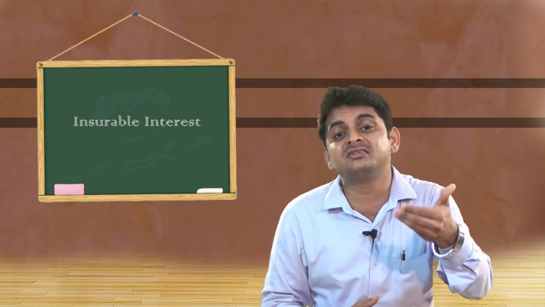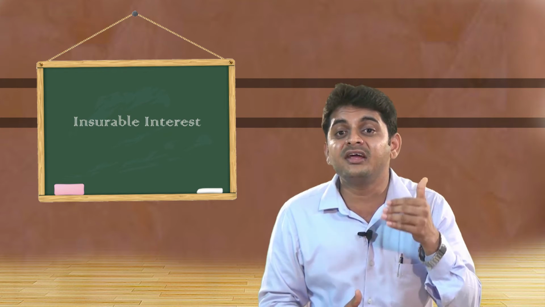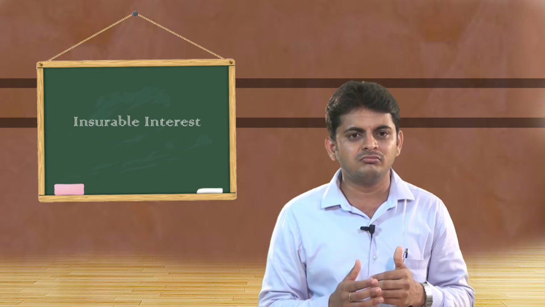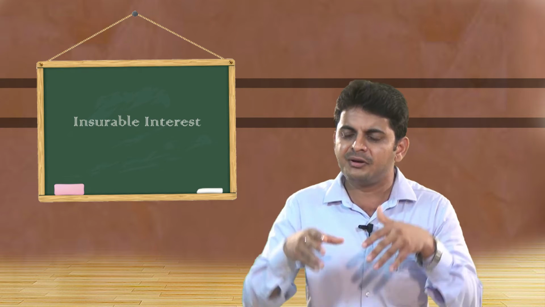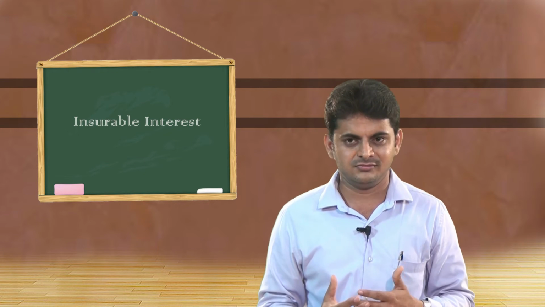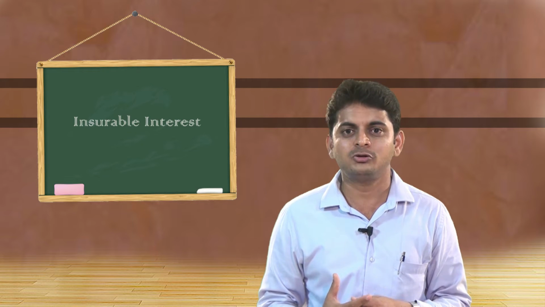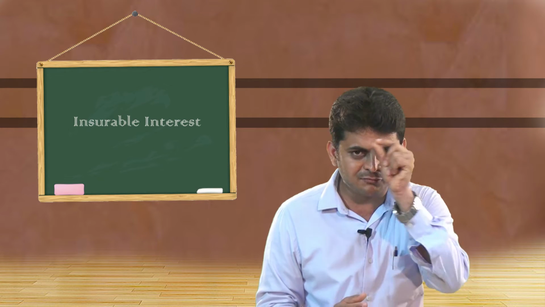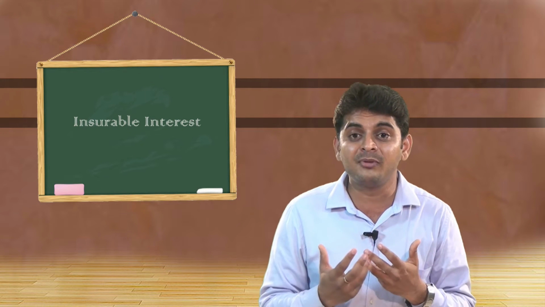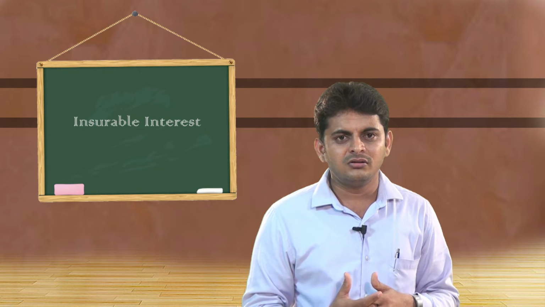So, how to establish the relationship? Relationship is considered, because relationship today we can define in many ways. Friends, I have a relationship, but do I have insurable interest? It is a matter of question, because I can't establish any blood relationship.